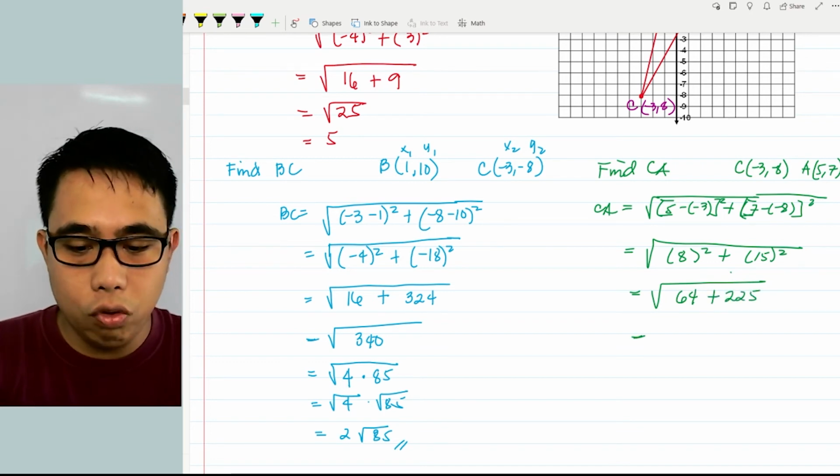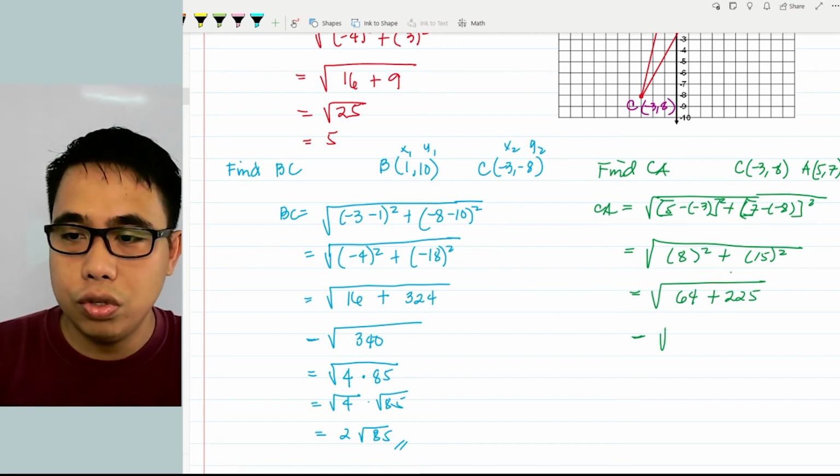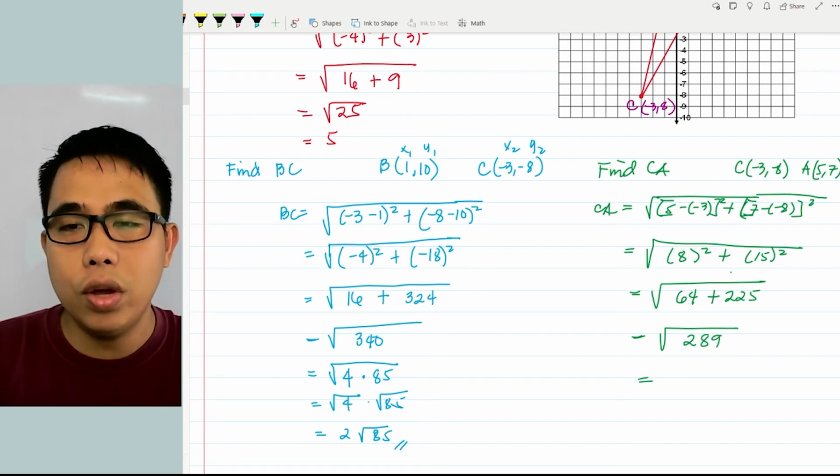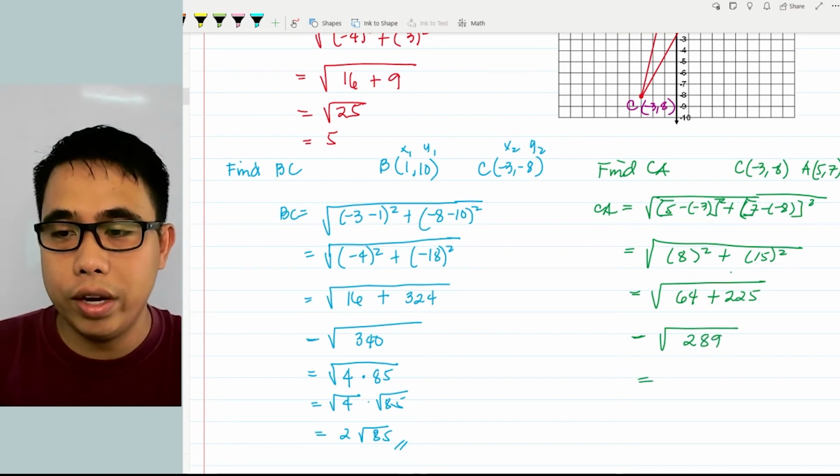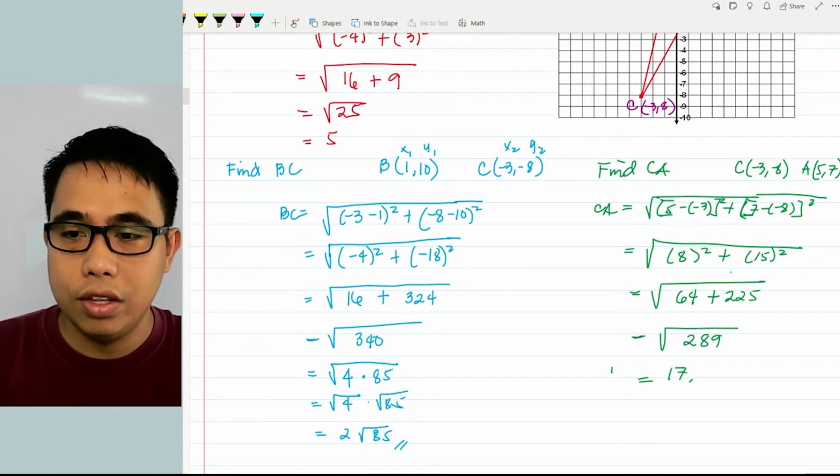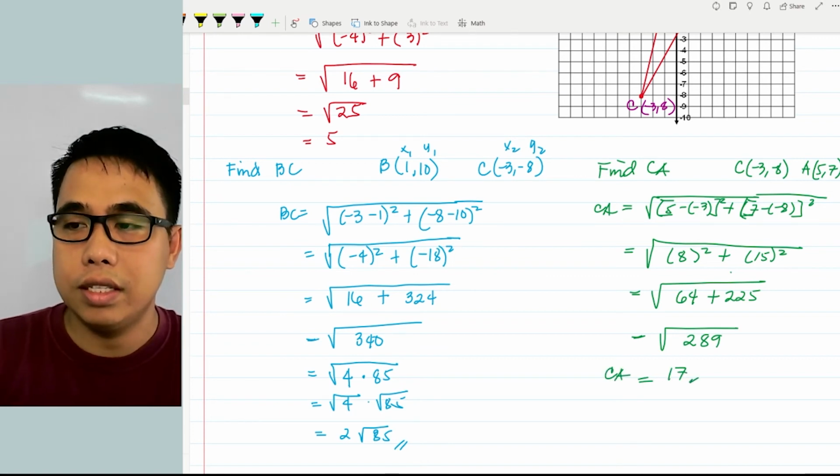So 64 plus 225 is the square root of 289. Since 289 is a perfect square, then the square root of 289 is 17. So CA is 17.